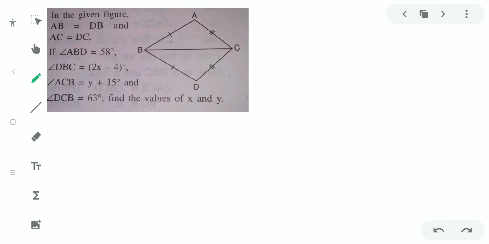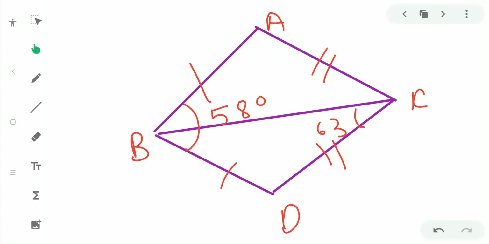Angle DBC and this angle were given and we have to find those values. So we take these two triangles, triangle 1 and triangle 2.